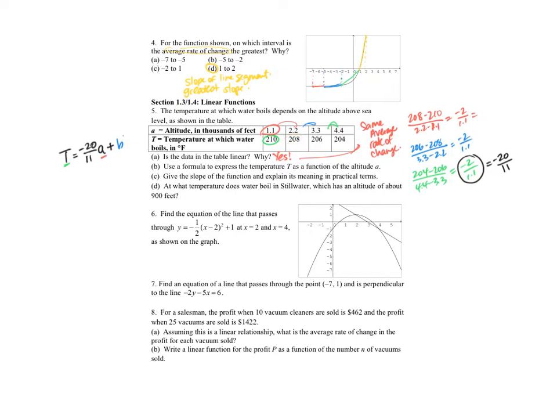So let's go ahead and plug in that pair of A and T values. I can say 210 is equal to negative 20 over 11 times the A value, which is 1.1, plus my B value, which I don't know, and then I can solve that for B. I can just do in my calculator 210 plus 20 over 11 times 1.1 is equal to my B value, so let's see what all that is.